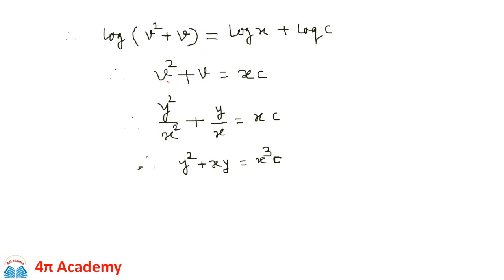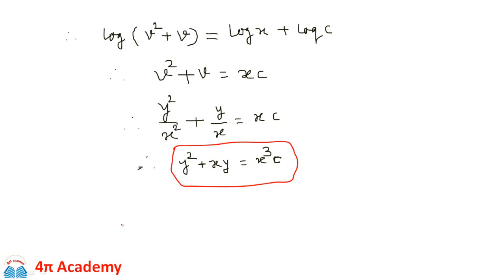Therefore we again substitute back the value of v as y by x, so it will be y square by x square plus 1, and it is equal to x into c. So that will be y square plus x square, and this is equal to x cube c. So this is the answer.